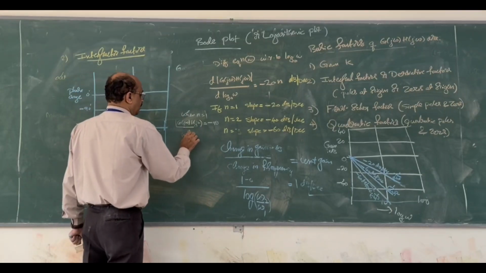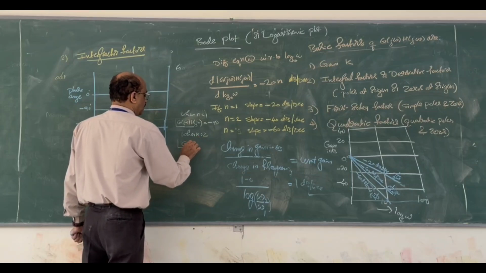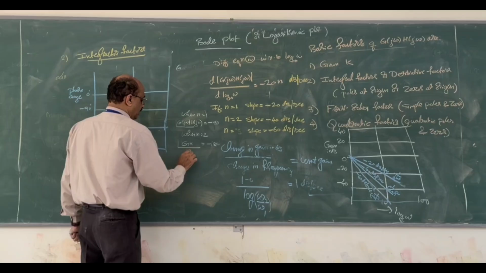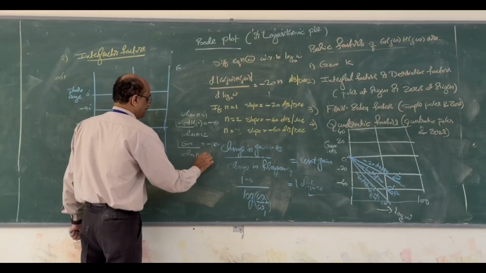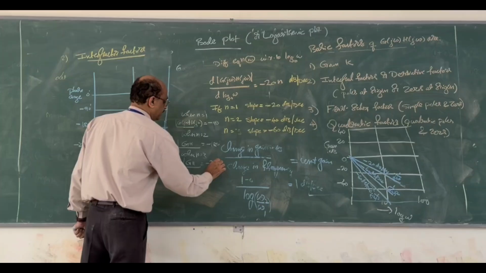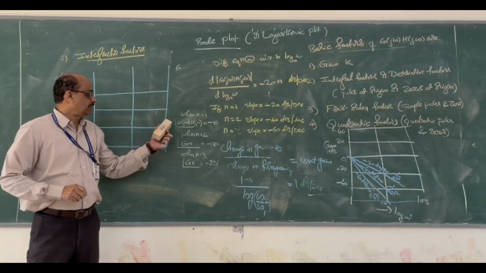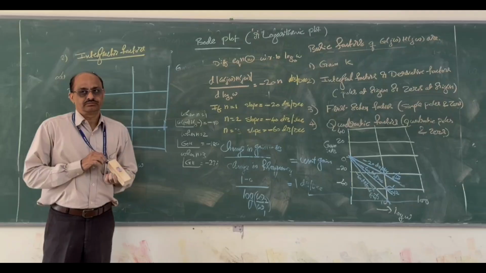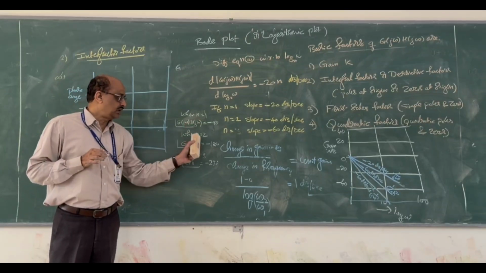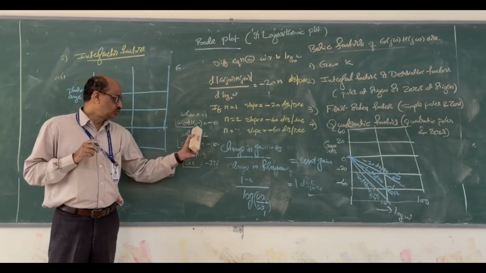When n equal to 2, simply GH is minus 180 degree. When n equal to 3, angle of GH equal to minus 270. So it's very simple. Each pole is a minus 90 individual contribution. So when two poles are there at origin, it is 180 degree.